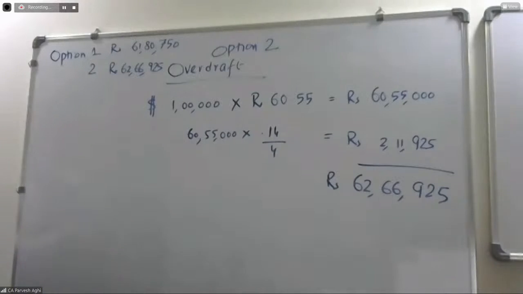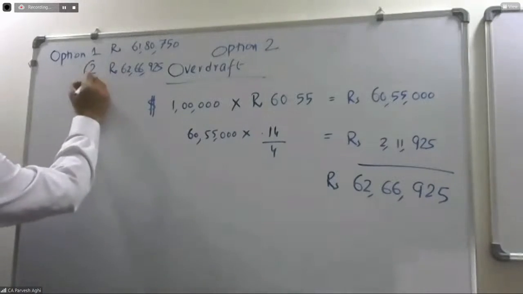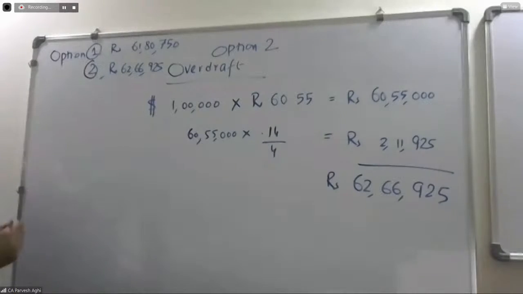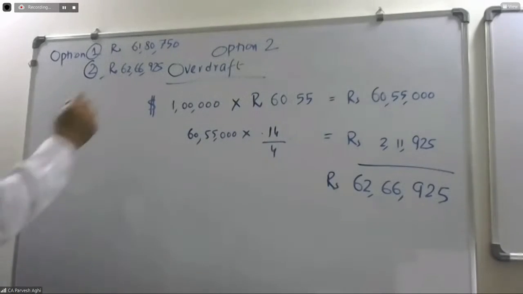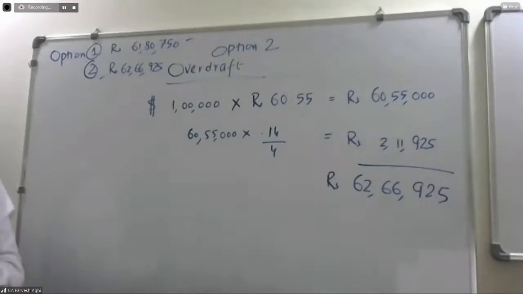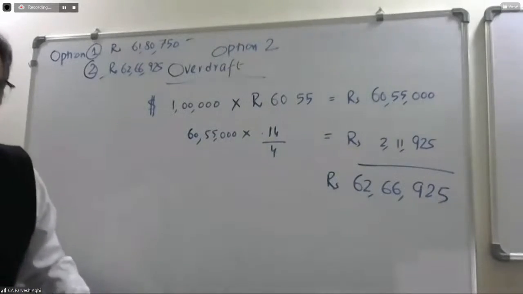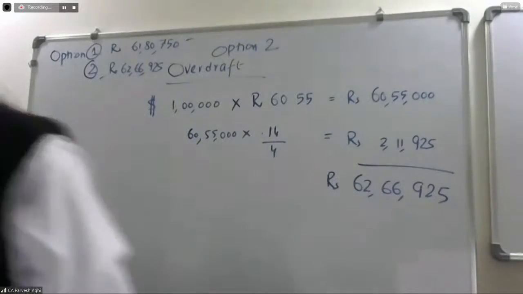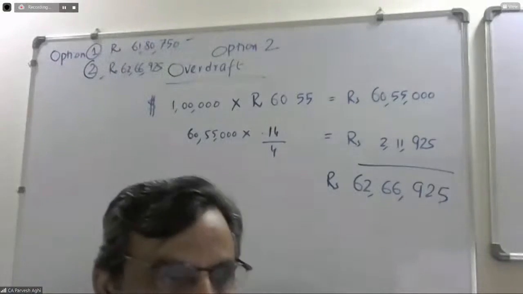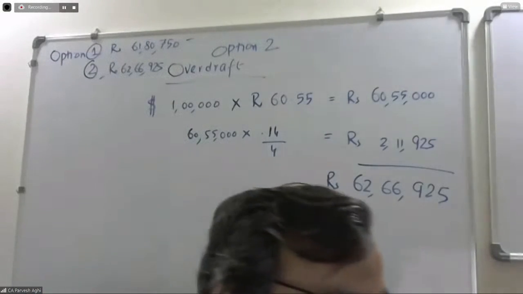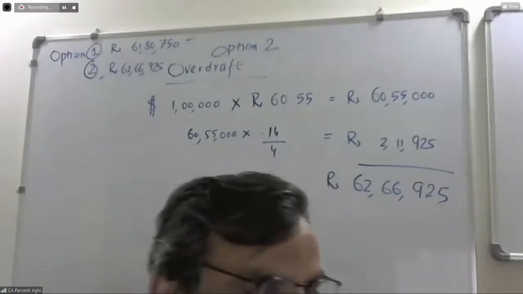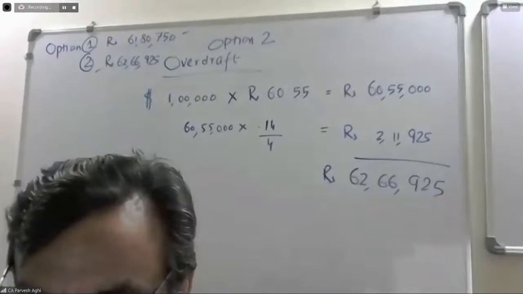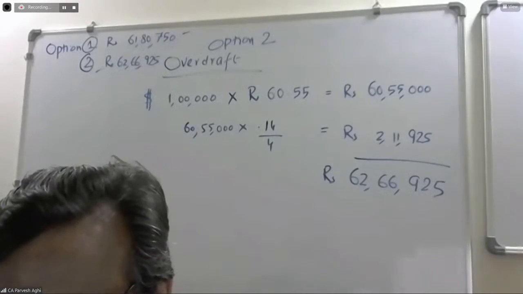Normally you will find this option being costlier compared to the first one, because the dollar is declining going forward. Of course, then you have to see how the interest rate impacts your outflows. So option number 1 should be preferred, as it has a lower outflow. Okay, fine. So I'll go back to the screen now.